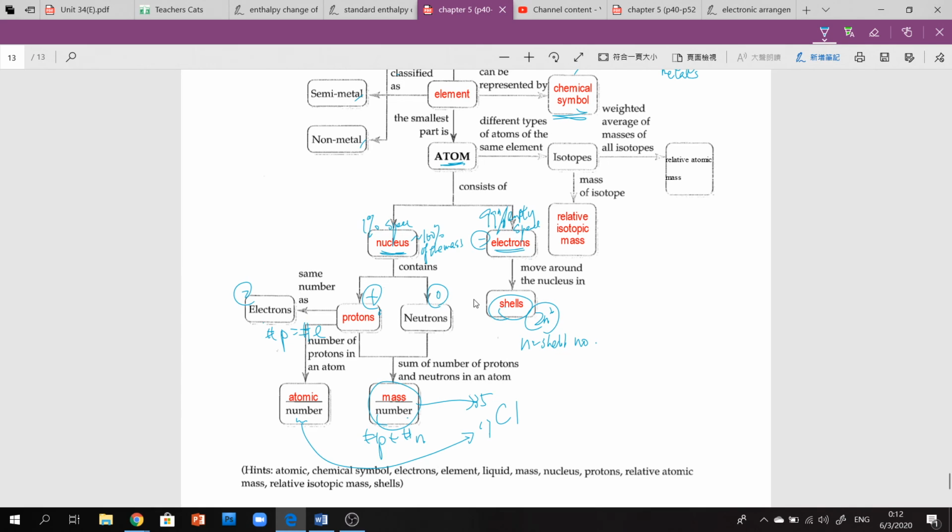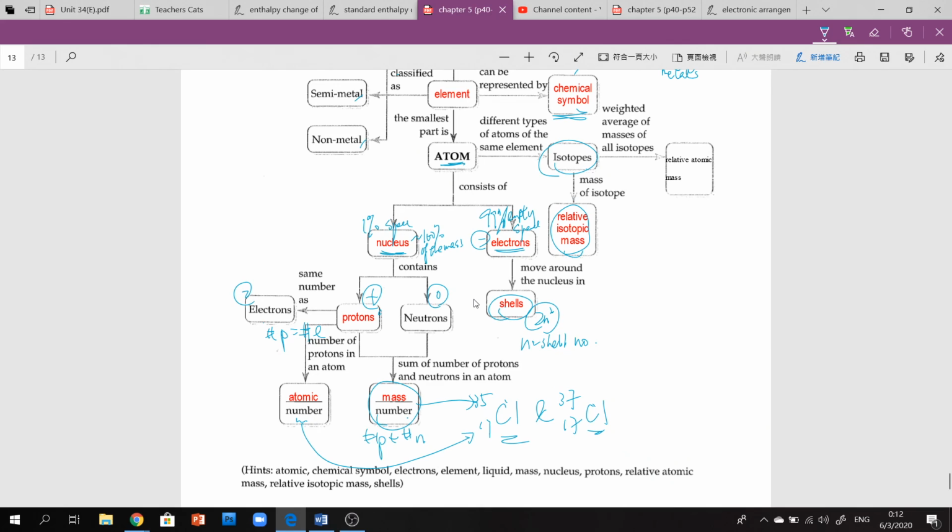I do hope you get to know more about this. Not only this, but we also have isotopes. Each of them has its own relative isotopic mass.